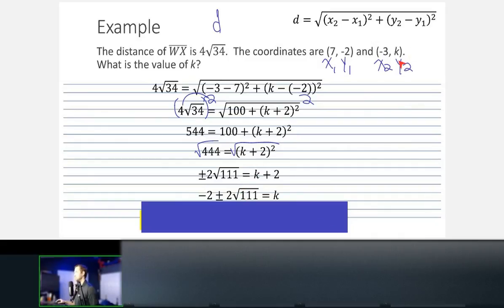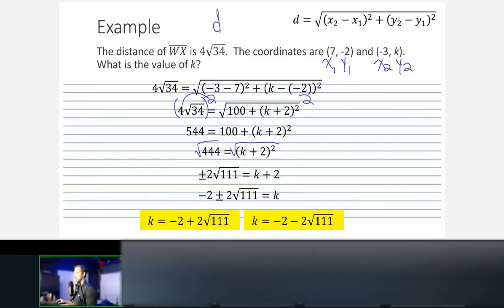So that means that we solve for k, so we're going to write our answer twice. K is equal to negative 2 plus 2 rad 111, and k is equal to negative 2 minus 2 rad 111. So we got 2 answers.